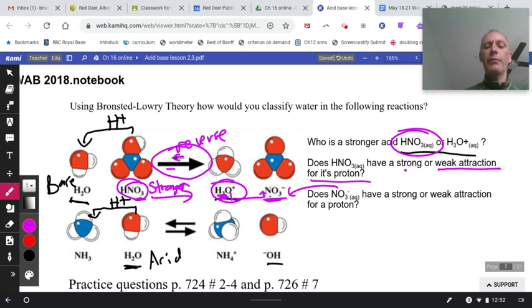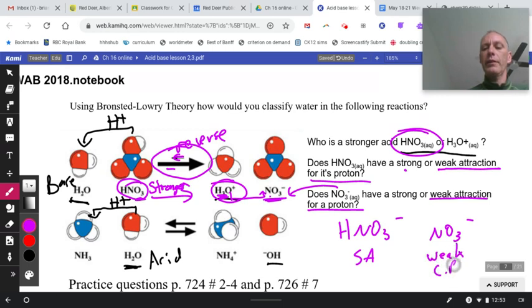That means NO3 minus has a weak attraction for a proton. So HNO3 is a strong acid, NO3 minus is a weak conjugate base.